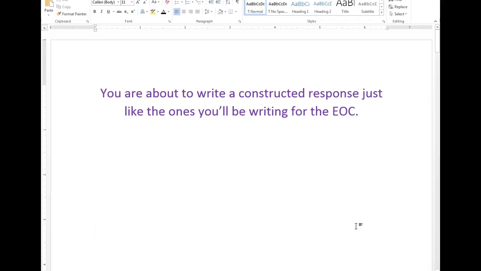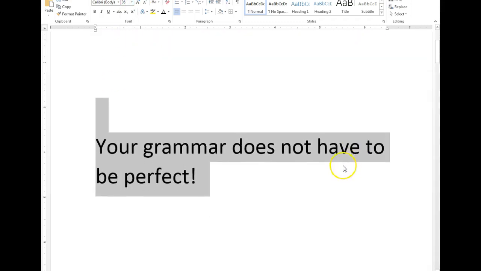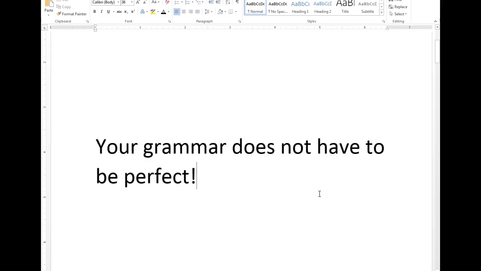And here's the good news. Your grammar does not have to be perfect. You want to write the best you possibly can, but if you make some spelling errors or some comma errors, that's okay for spelling capitalization.